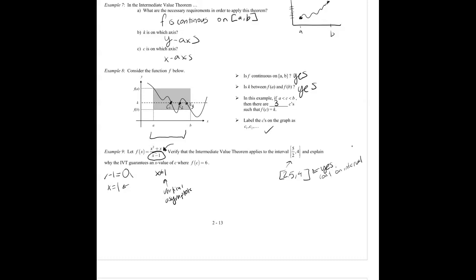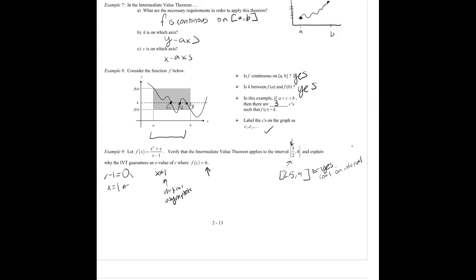Alright, so how do we find this piece of it? Well, now I'm going to see, hey, where do I start y value wise and where do I end y value wise? The easiest way to figure that out is literally plug in 5/2.